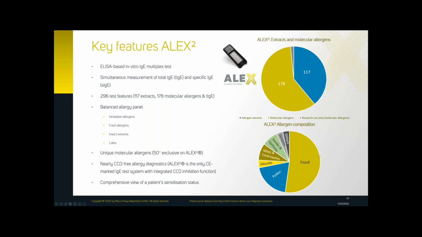It has unique molecular allergens: more than 50 of the allergens on the ALEX test are unique, so they're not found with any other test system. It is the only CE marked Ig test with an integrated CCD inhibition function. It therefore provides a comprehensive view of the patient sensitization status and empowers the physician to quickly and precisely prescribe the fitting therapy.